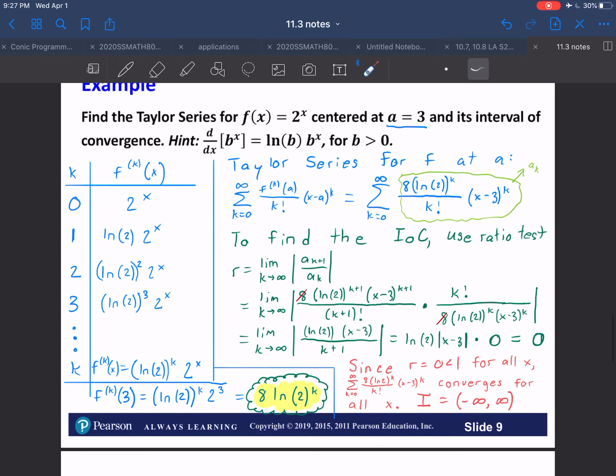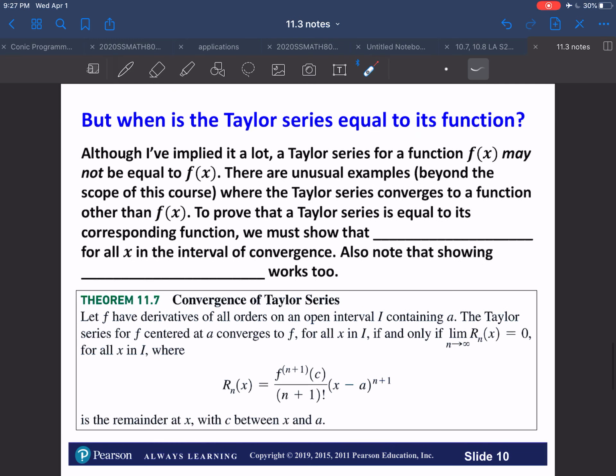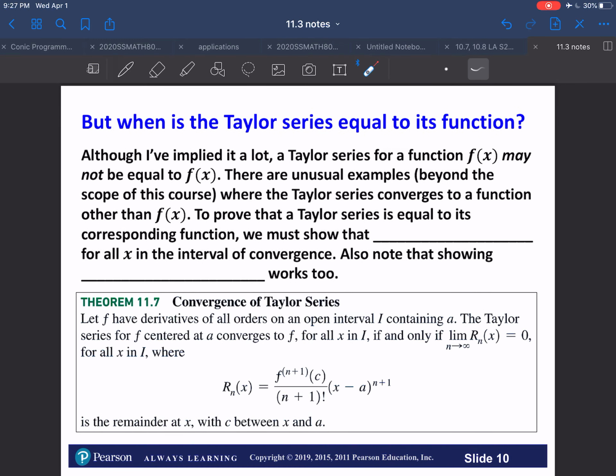All right. So even though I've implied it a lot, technically it is possible for a Taylor series of a function to not be equal to that function. Sometimes a Taylor series is equal to its function.